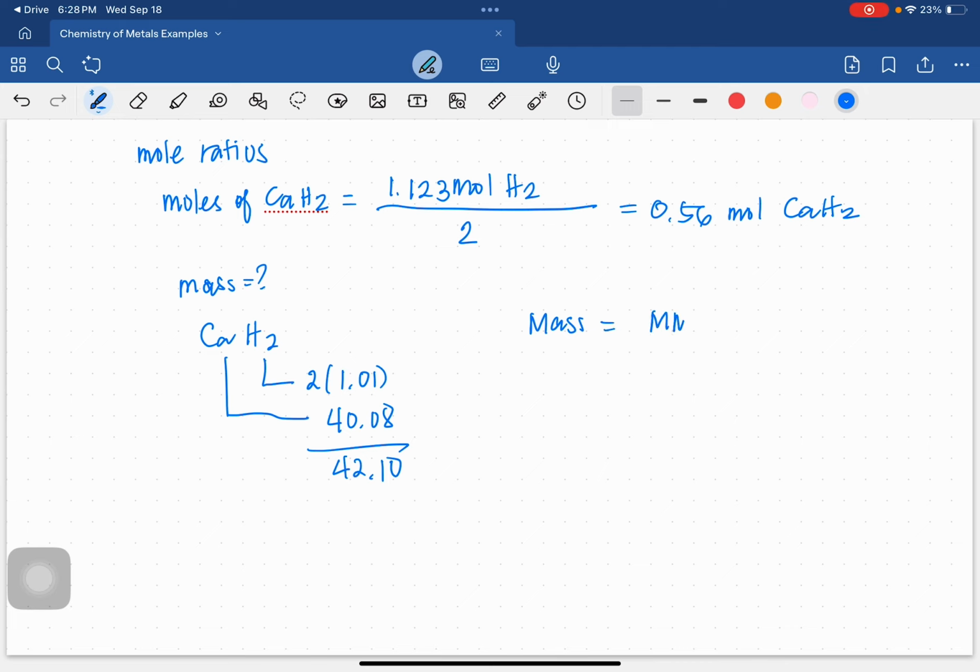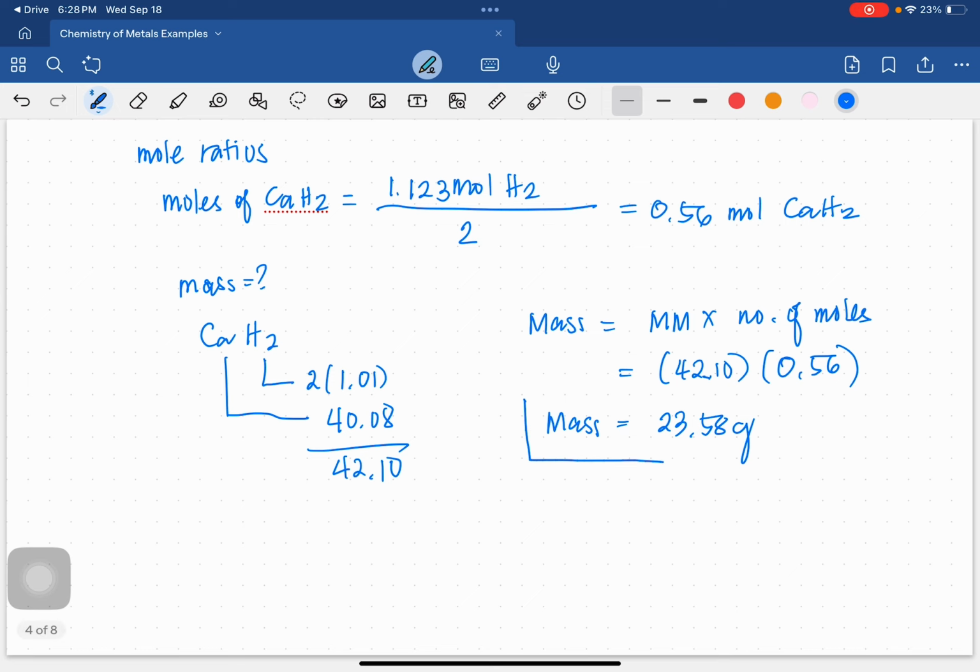This will be equal to molar mass times the number of moles. Molar mass is 42.10 times 0.56. And finally, we can already get what we're looking for initially in the problem. This has 23.58 grams of calcium hydride. Okay, so that's our final answer.